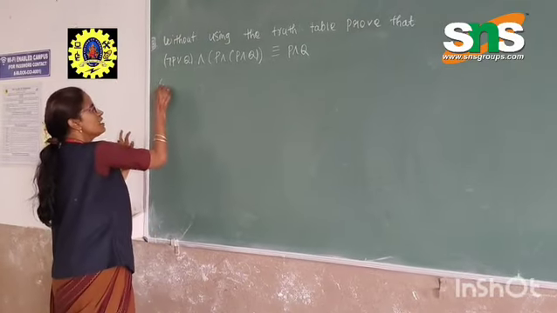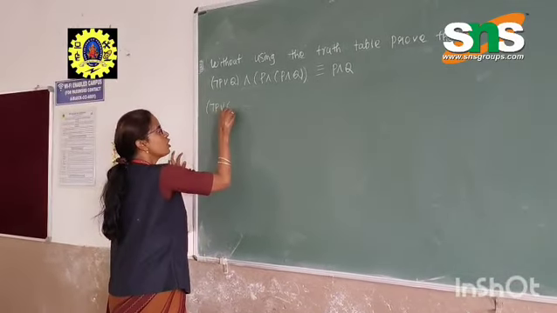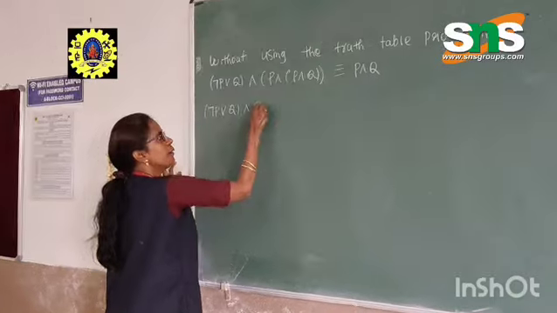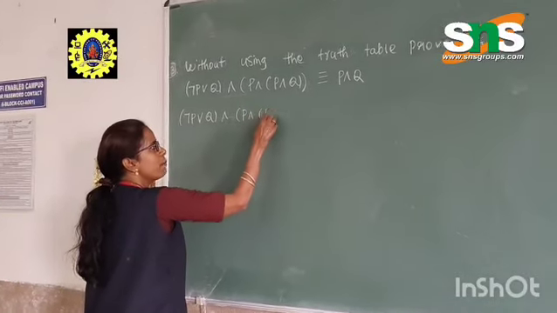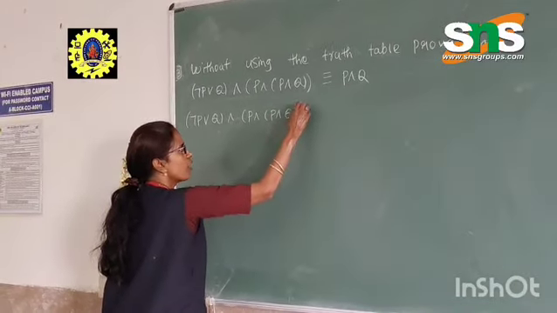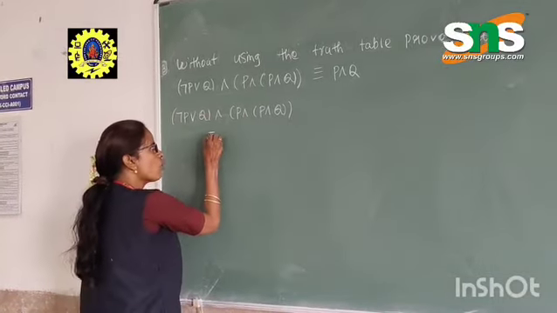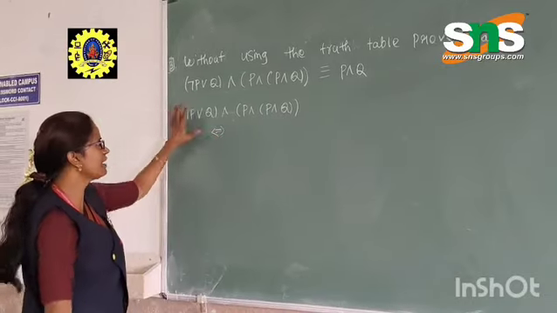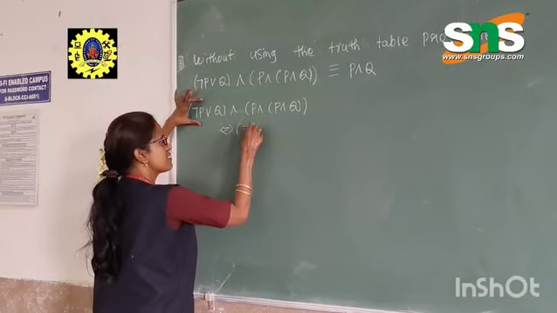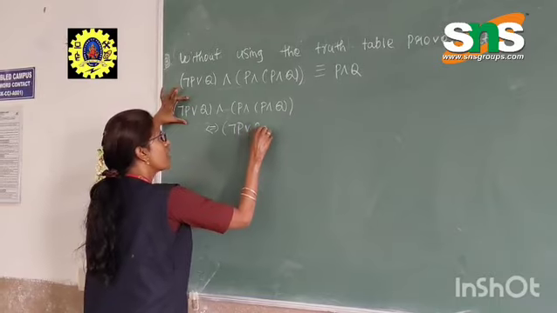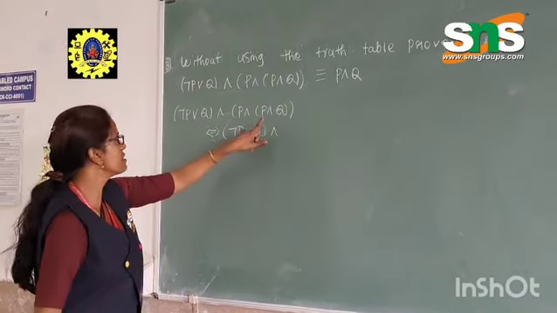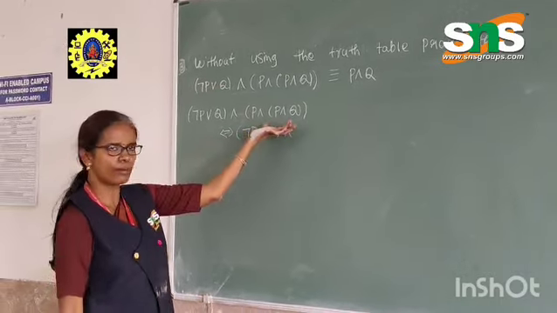The expression is P and (Q or R) and P and Q. The left hand side now we are taking. So this is equivalent to, you can take the first thing as itself, and you can check it in the next bracket. This is the whole bracket.